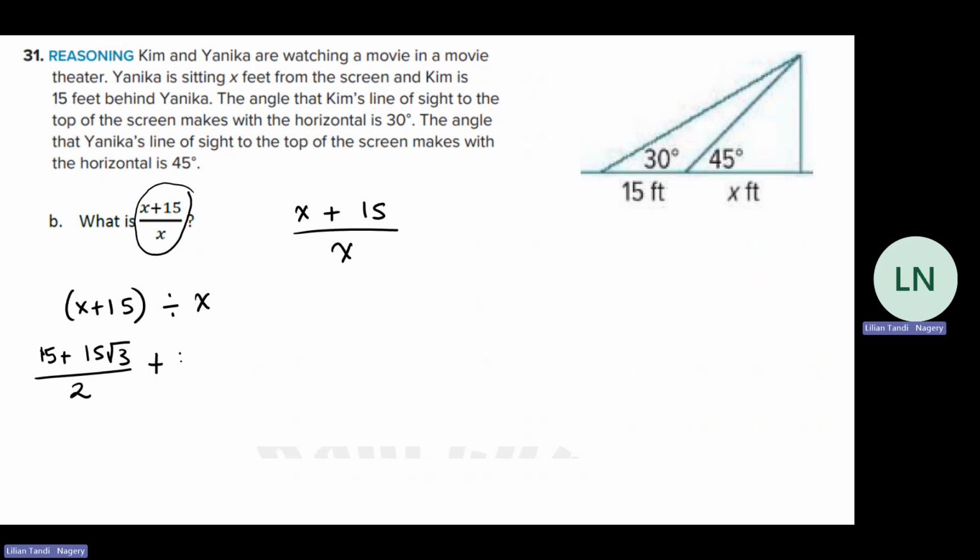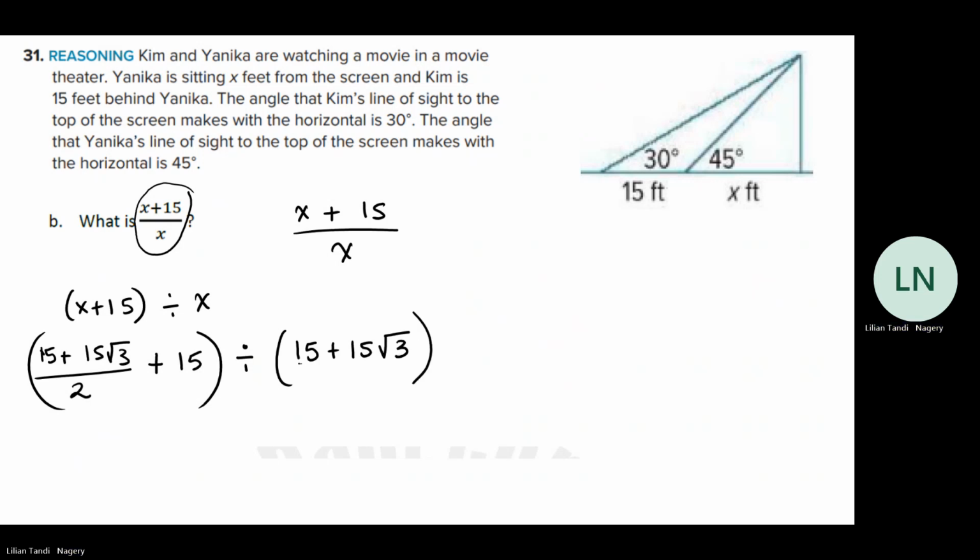Then you're going to add 15, and then you're going to divide by 15 plus 15 square root 3 over 2. So you put it like that in the calculator.